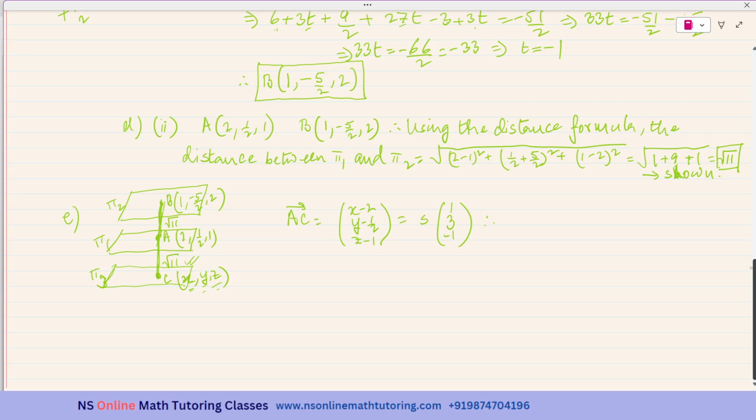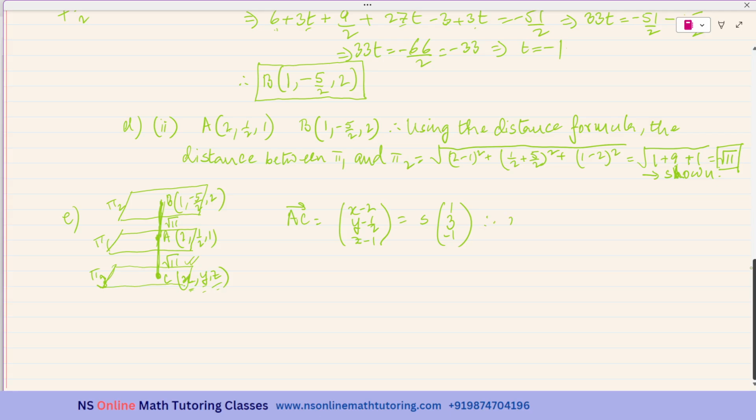That is my only intention, because I can use the distance formula, but if I have 3 variables and 1 equation, I can never find the values of those 3 variables. So first of all, I have to reduce the number of variables, so I am using this.